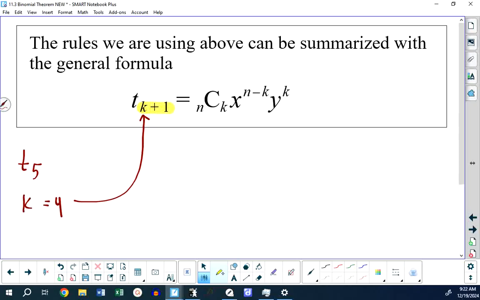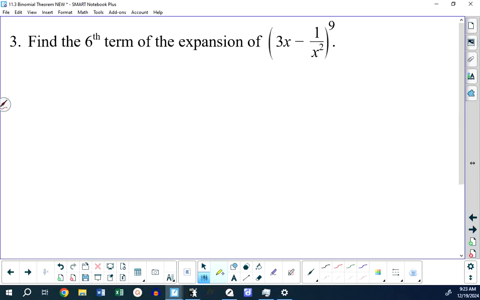So you can always use this formula. When I use it, I typically don't make reference to the k plus 1. I just say the fifth term is n choose 4, x to the n minus 4, y to the 4. All right. What is the sixth term in this expansion?